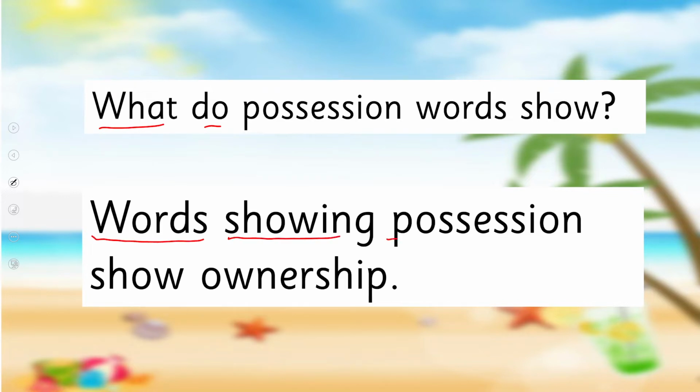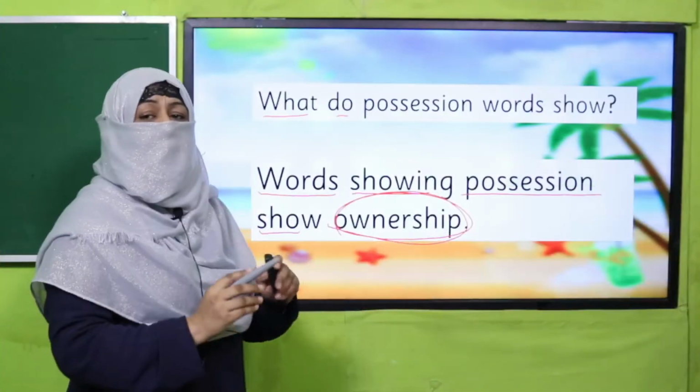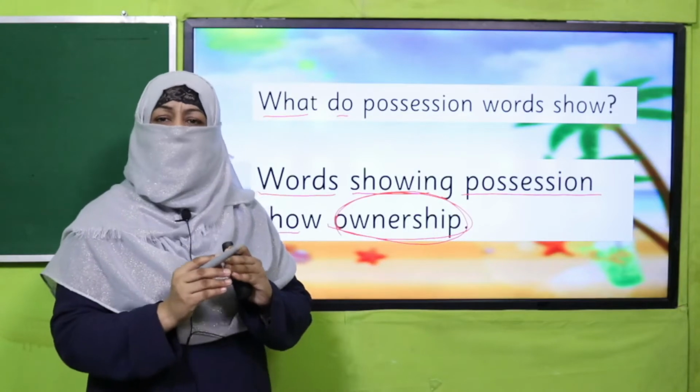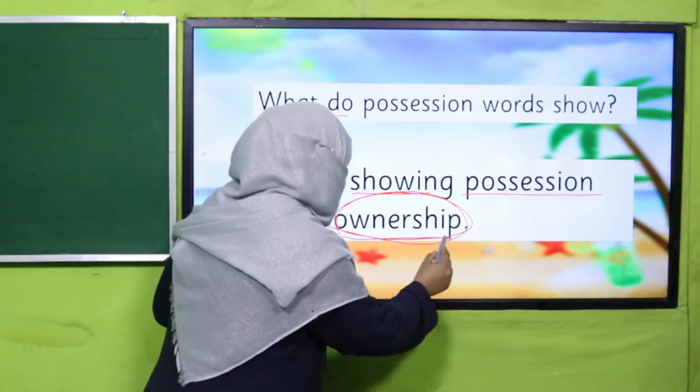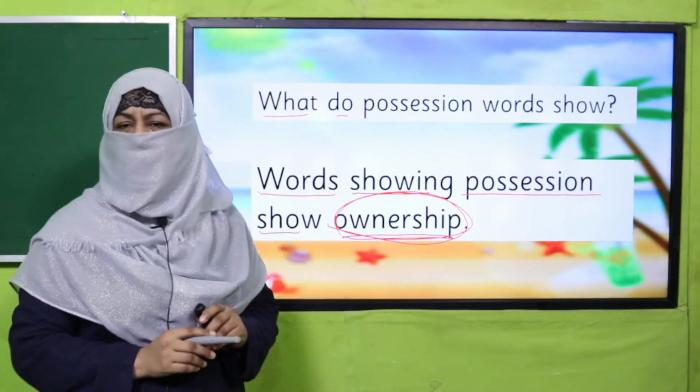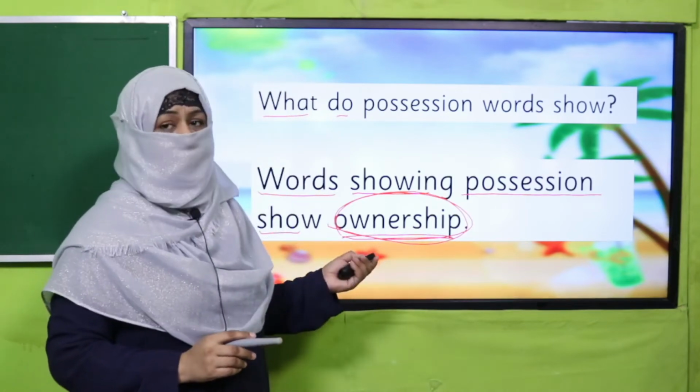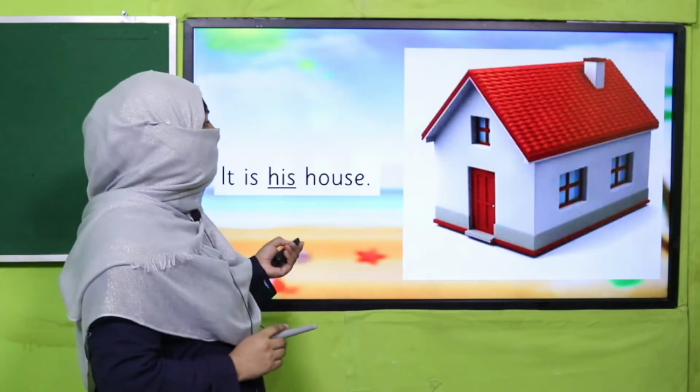Words showing possession show ownership. Basically, if we're talking about an object, they tell whom this object belongs to, who is the owner of this object or this thing. These words show that, right? How do we use them?